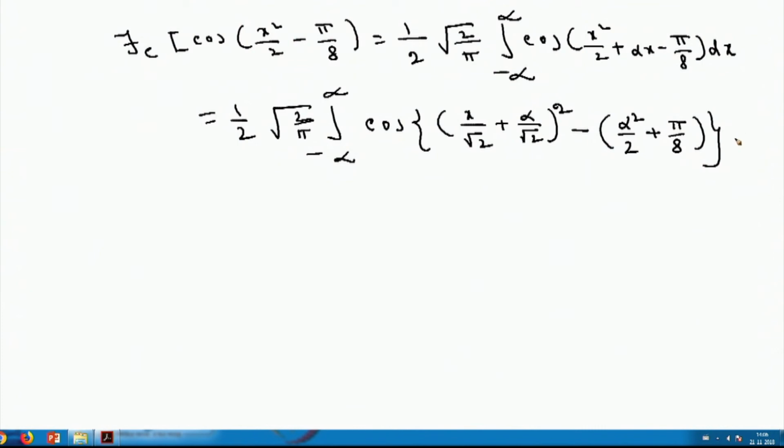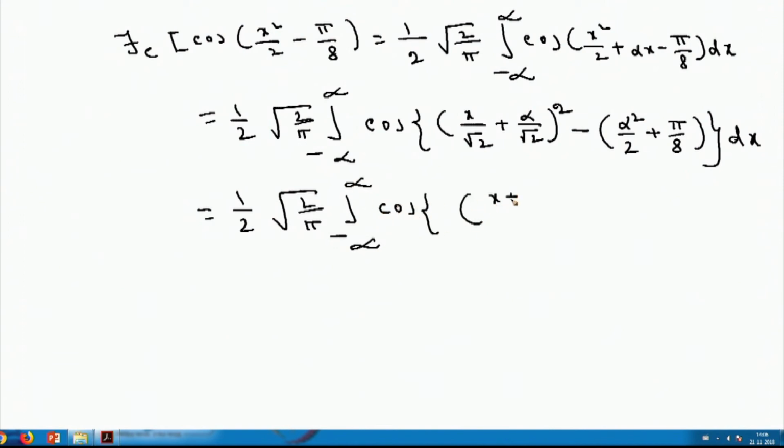So, cos of x square minus a square form. So, this equals half into root over 2 by pi, integral from minus infinity to infinity of cos of, now this I am writing x plus alpha by root 2 whole square minus alpha square by 2 plus pi by 8 into dx.